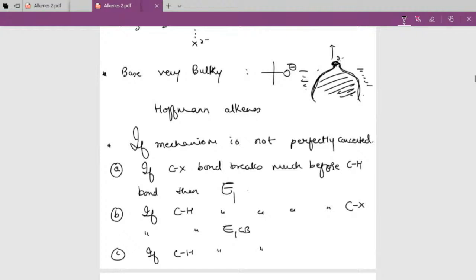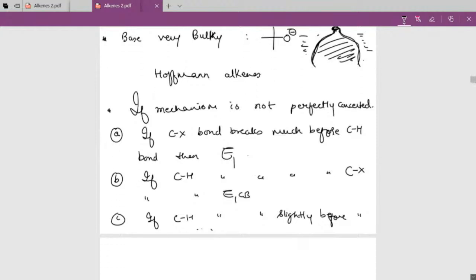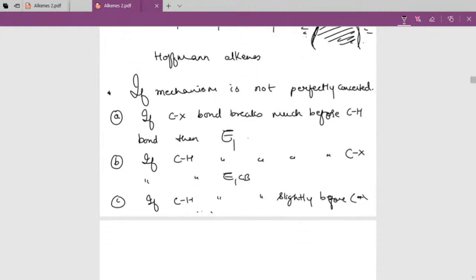Okay. If the C-H bond breaks slightly before the C-X bond, the mechanism is still E2. No carbanion is formed.